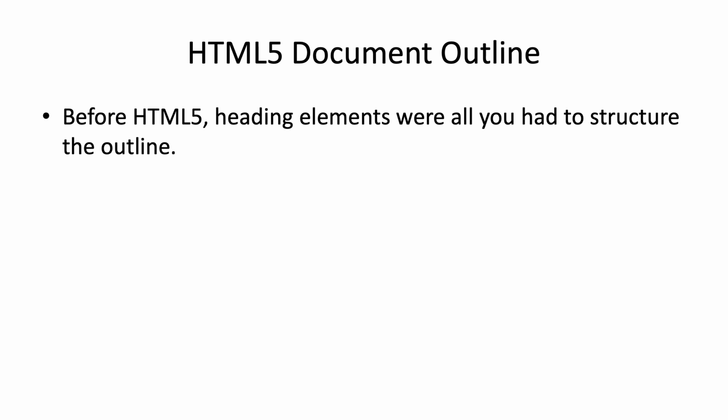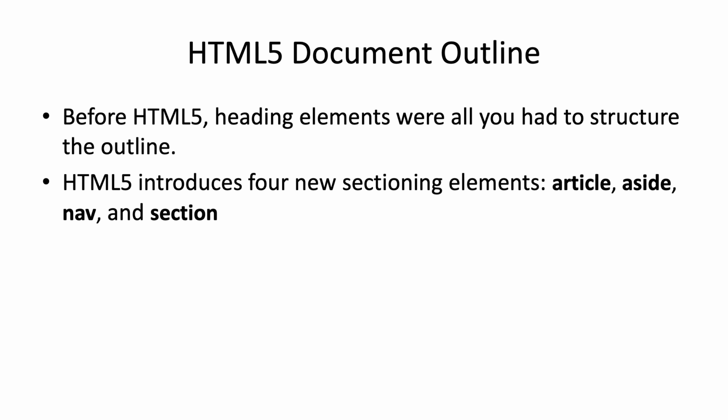So before HTML5, heading elements are the only ones you have to structure a document. And HTML5 introduced 4 new section elements, which are called article, aside, nav, and section.